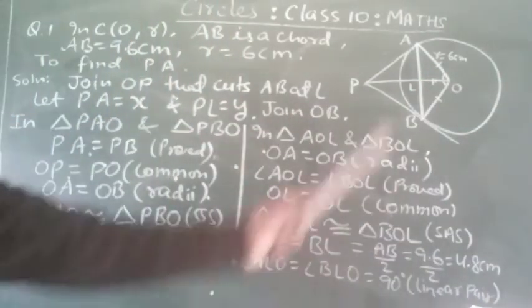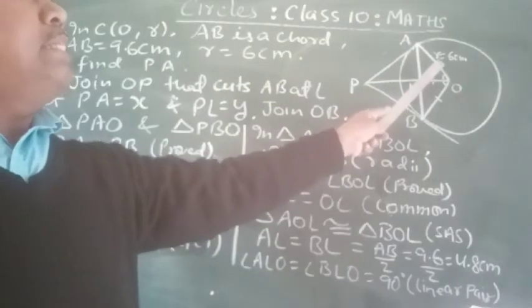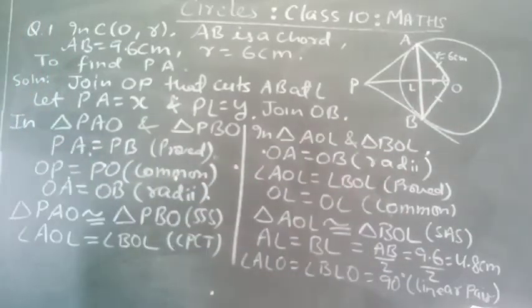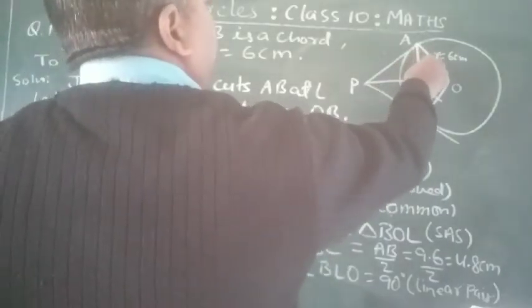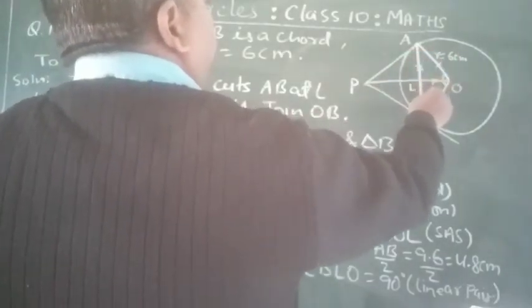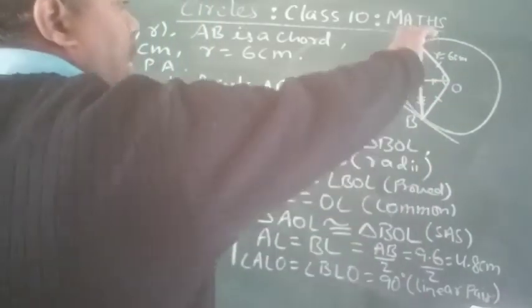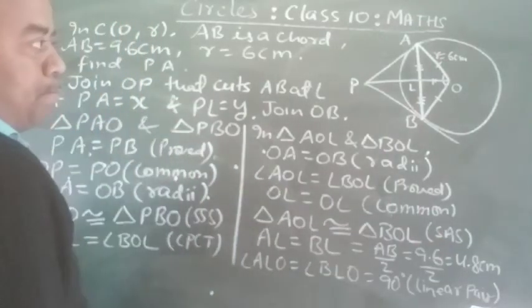After that, we can say this triangle is also congruent by SAS congruency. If it is congruent, then we can say AL equal to BL. If AL equal to BL, it is half of AB, and half of 9.6 is 4.8 centimeter.